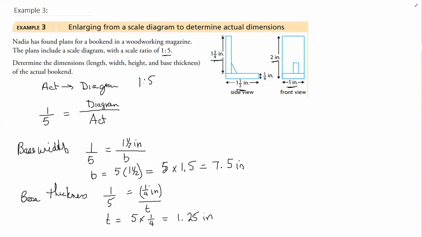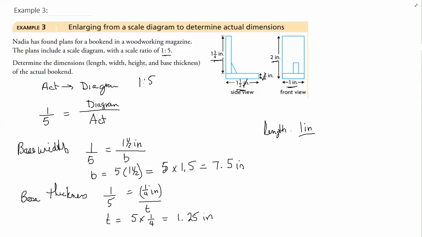So we have our base width, our base thickness. Let's go with the length of the hole, or the front surface. We'll call that the length. So our actual length of our bookend is 1 inch.